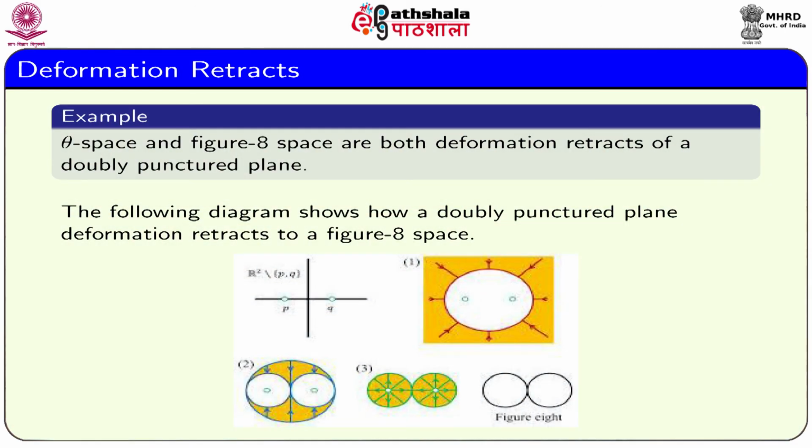The following diagram shows how a doubly punctured plane deformation retracts to a figure 8 space. Now, figure 8 space looks like this. It looks like a figure of 8.